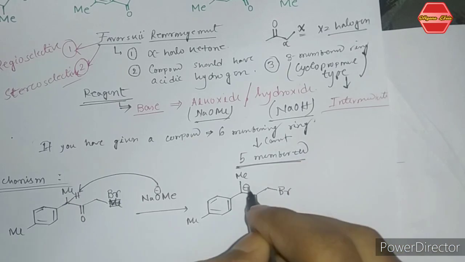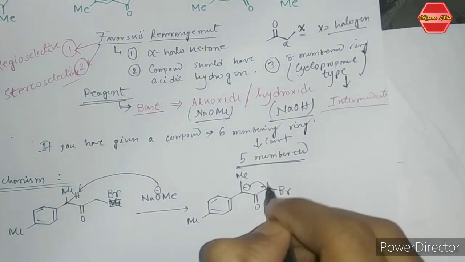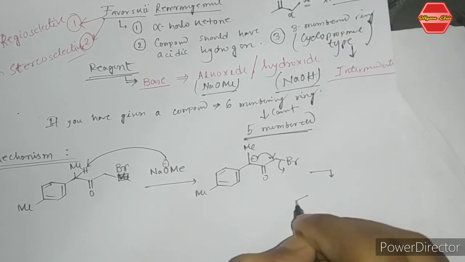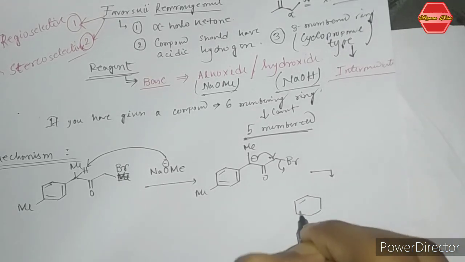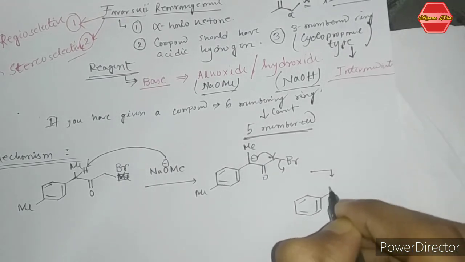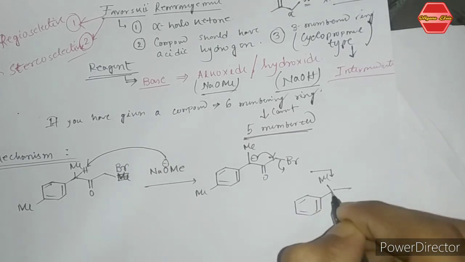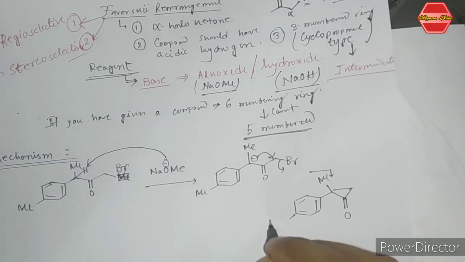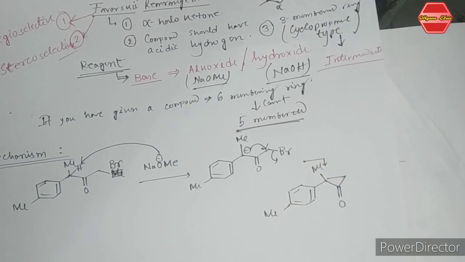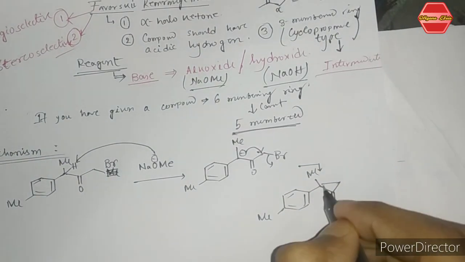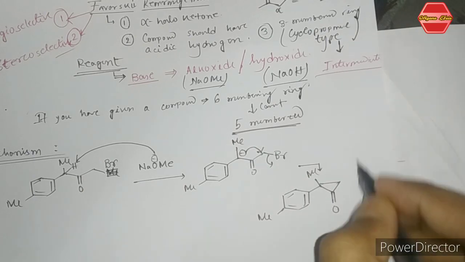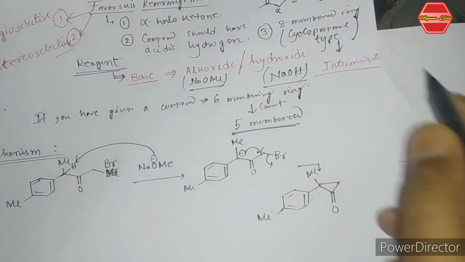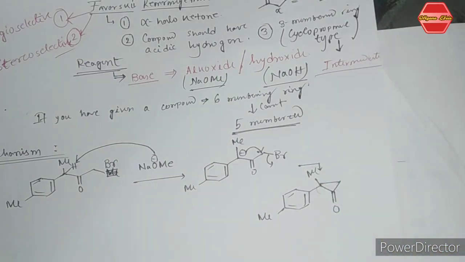It is formed this way. After that there is a formation of methyl and this one. Now see, this is your 3-membered cyclic transition state, or 3-membered ring, that is formed during this reaction. So this part is called your 3-membered cyclopropane type ring intermediate.